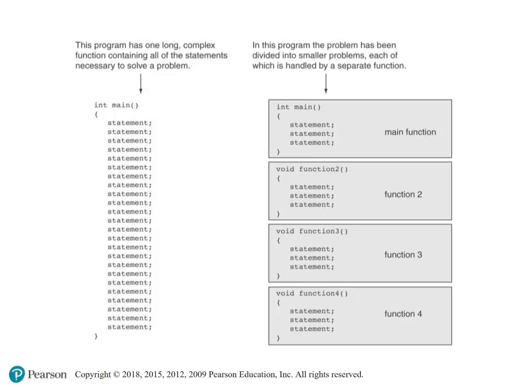On the left side, this program has one long complex function containing all of the statements necessary to solve a problem. In this approach, all the logic and the statements needed to resolve a problem are crammed into one long function. While it may accomplish the task, it's like having a Swiss Army knife with too many tools.